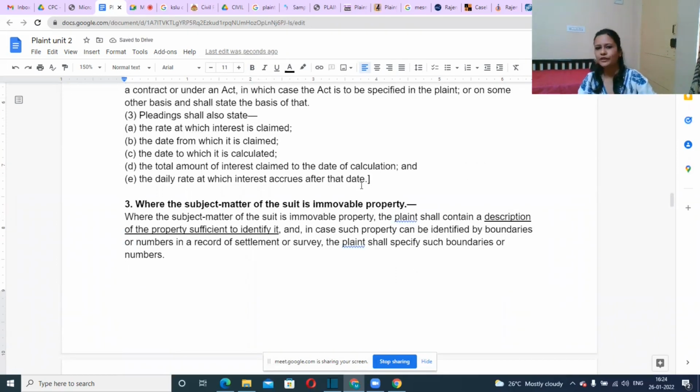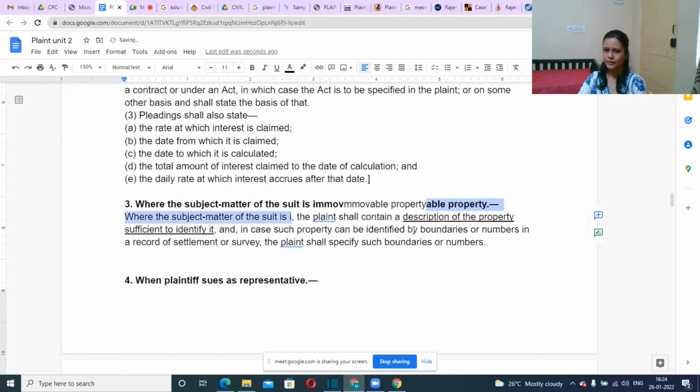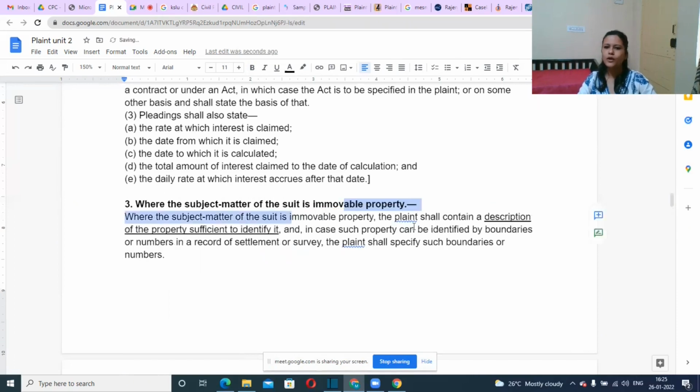Okay. Rule 3 talks about immovable property. I have mentioned this in the starting part also, that where the subject matter is related to any immovable property, it is important that the plaint contains a proper description of the property so that it's easy to identify the property.